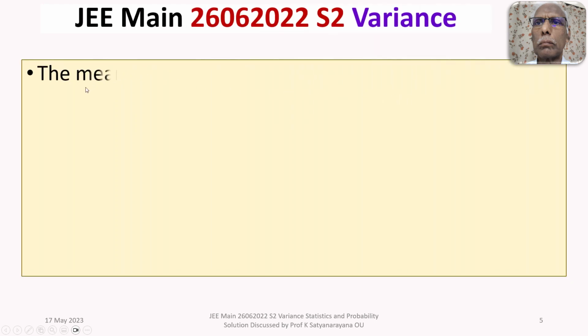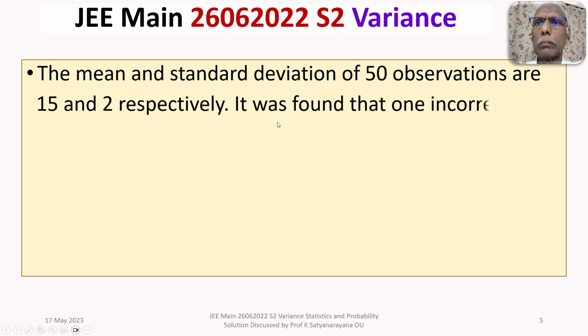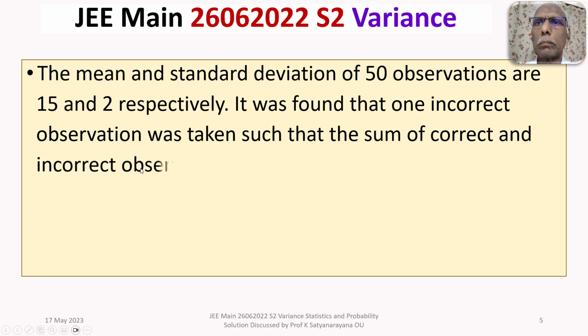The given question is: the mean and standard deviation of 50 observations are 15 and 2 respectively. It was found that one incorrect observation was taken such that the sum of the correct and incorrect observation is 70.